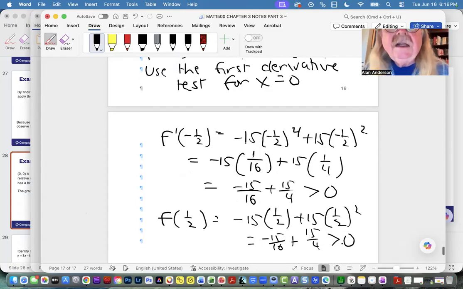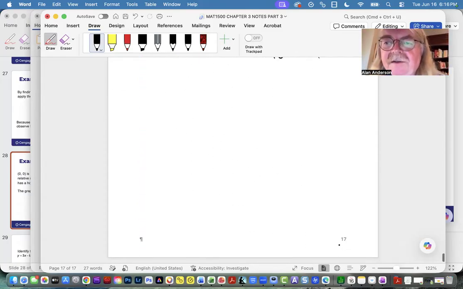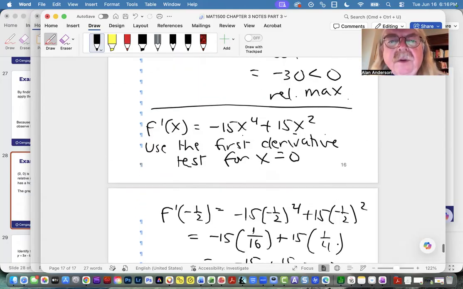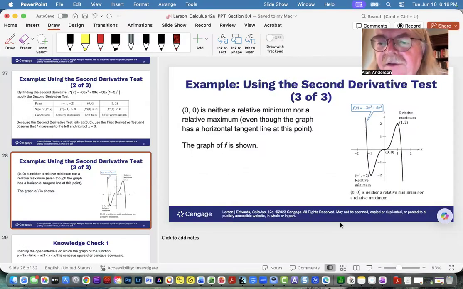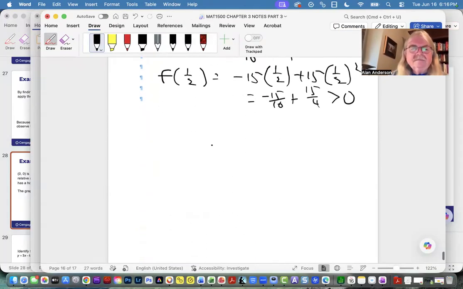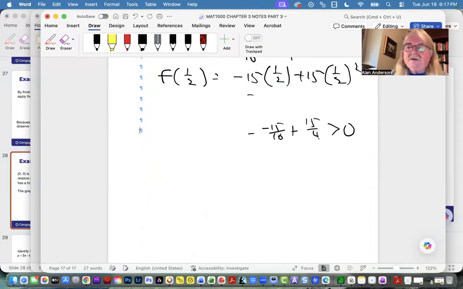So in other words, the first derivative test does fail. Both of the tests failed, and therefore it's neither. If they don't, neither one of them is going to pass. You can see why, because it just sort of keeps going up. It sort of temporarily pauses almost and then starts to rise. So because both of those tests failed, this point cannot be a relative extremum.